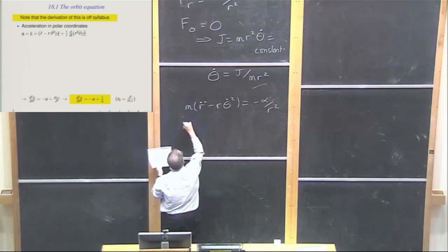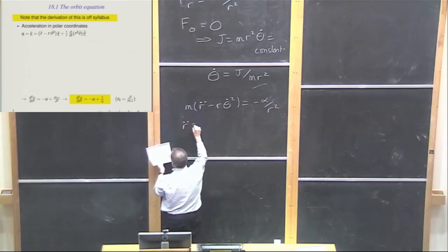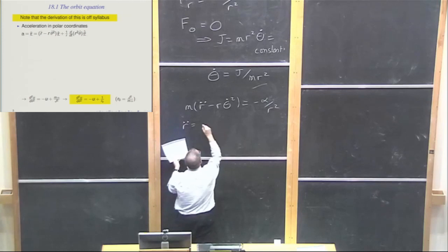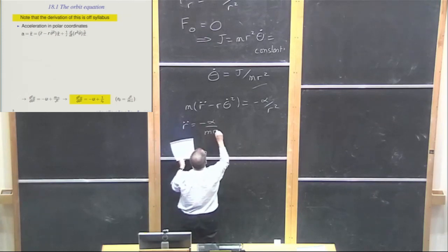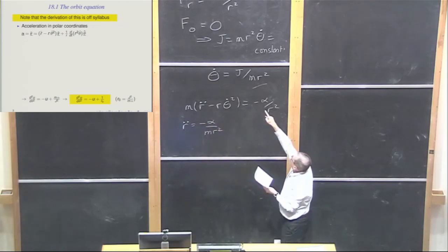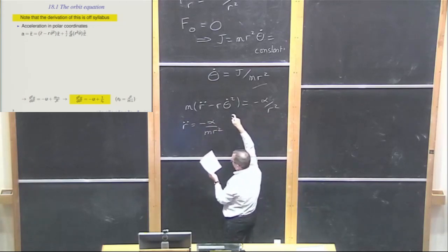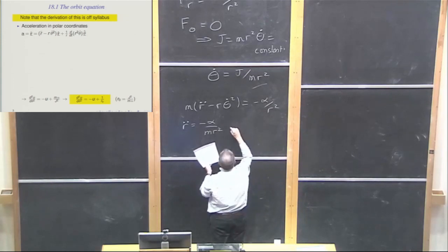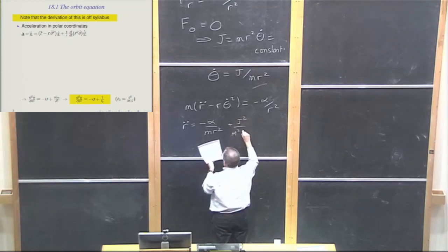So I'm left with r double dot on the left hand side, then minus alpha over m r squared, and then I move this to the other side and use this expression for theta dot, and I get plus j squared over m squared r cubed.